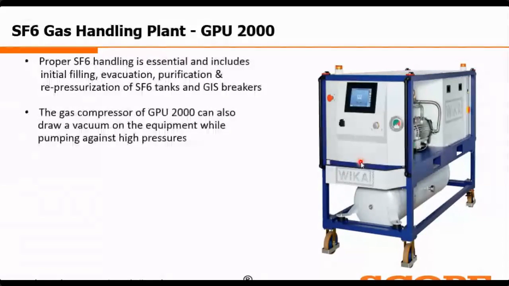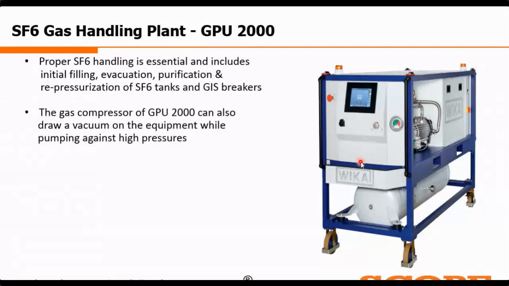Other than that, the application part is the same as that of GFU10. It can do the filling, refilling, purification, filtration, recovery, vacuum, each and every option it can do. But there are advantages over the GFU10.